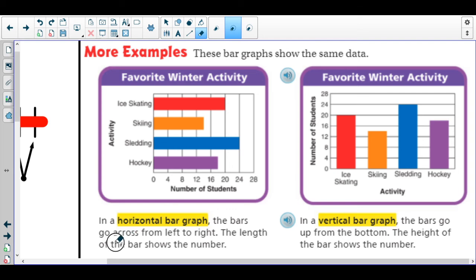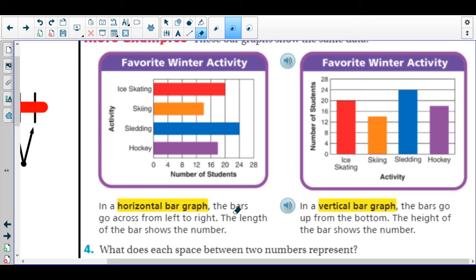So in a horizontal bar graph, the bars go across, left to right. The length of the bar shows the numbers. And in a vertical bar graph, the bars go up and down. The height of the bar shows the numbers. Okay, and so you'll notice that the axes here, the ice skating is on the side, while over here the activities are on the bottom.